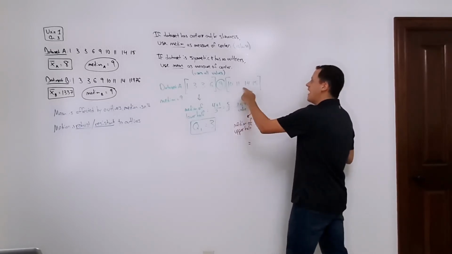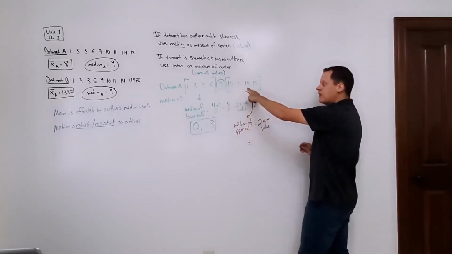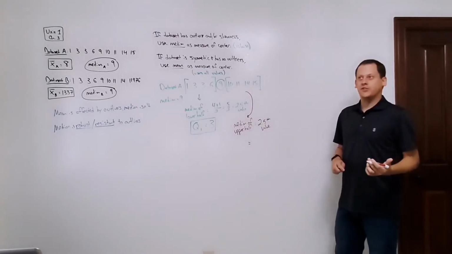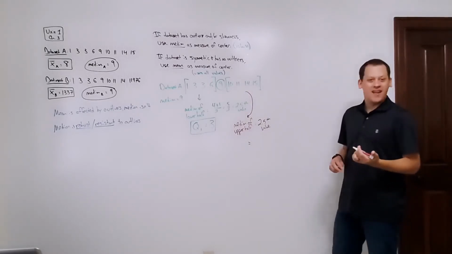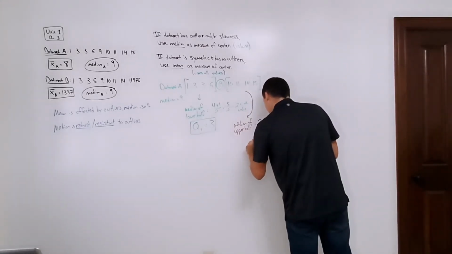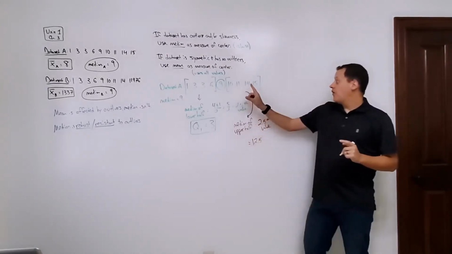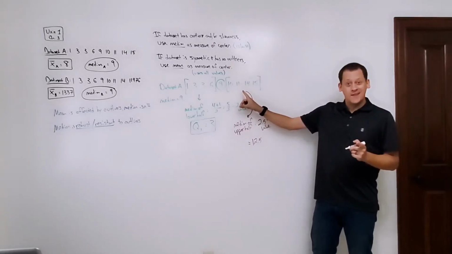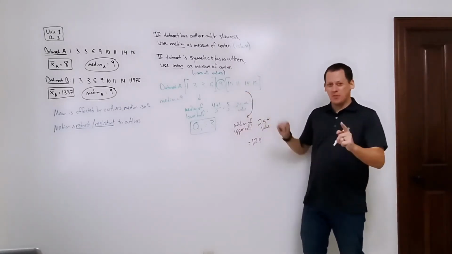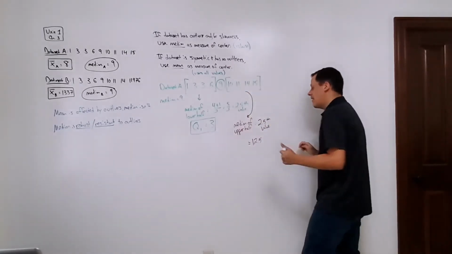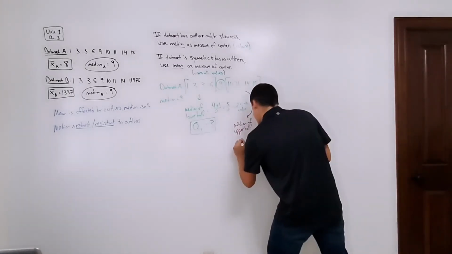And that's going to be the average of 11 and 14. So that's 25 over 2. It's 12 and a half. 12.5. We're going to call this, any guesses? People who took the 1 semester class may already know this. That's right, we're going to call it Q3.